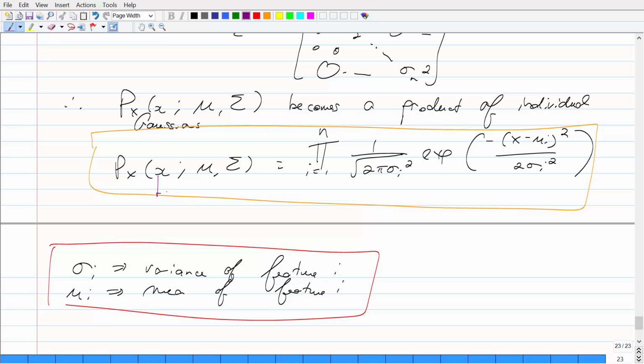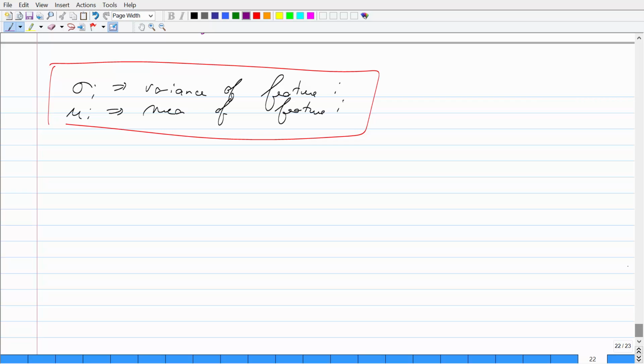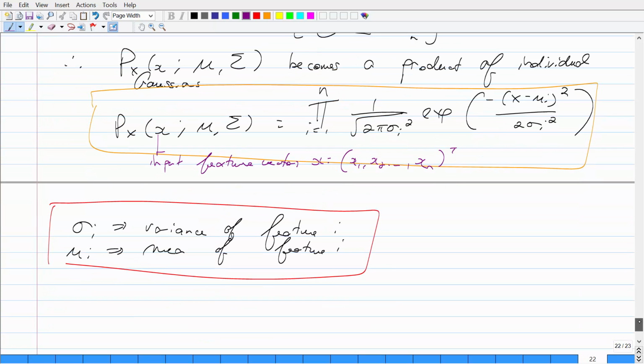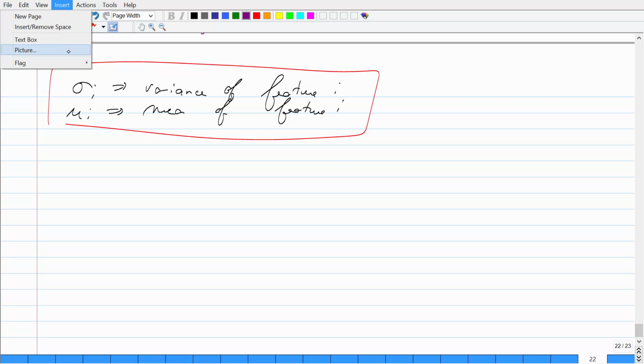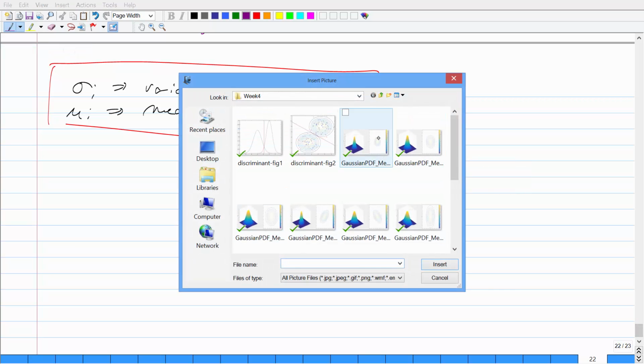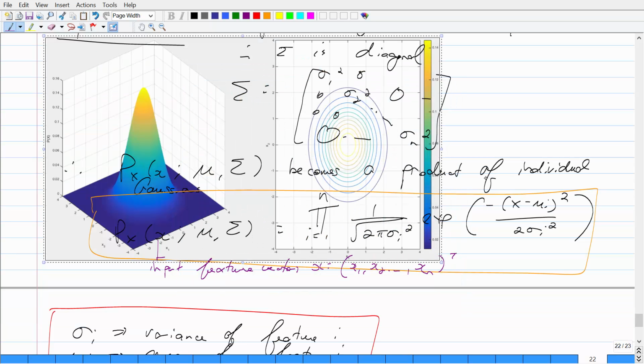And this is obviously the input feature vector, so x is equal to x1, x2, and all the way up to xn. Okay, nice. So let me just show you a couple of pictures before we get started. Okay, here we go.